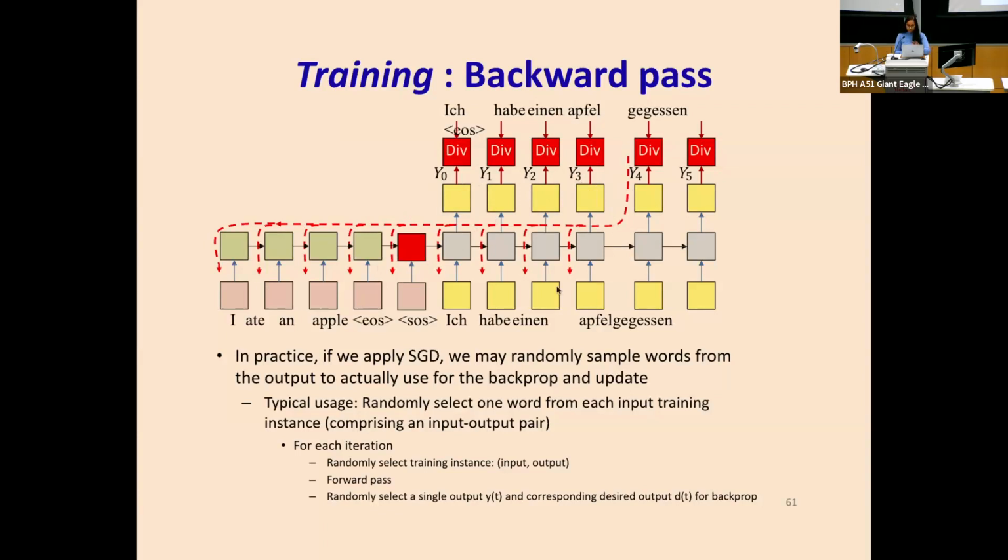But in order to understand what is happening in this given diagram a little better, you calculate the divergence between the ground truth and the predicted word at the fourth time step here, say y4. Then this divergence is actually passed across all the time steps. The reason you're doing this is, as you see, the fourth time step in the decoder has actually seen all the inputs that have been given so far.